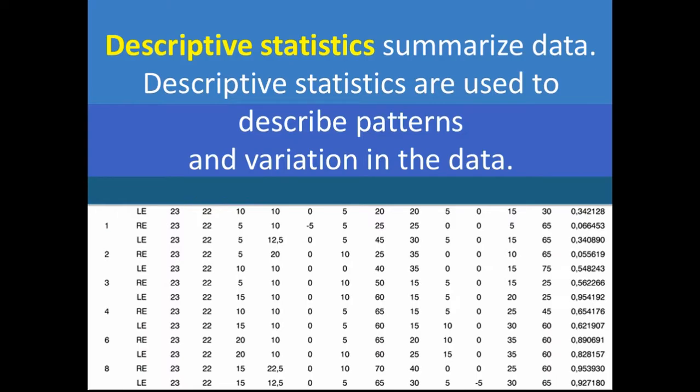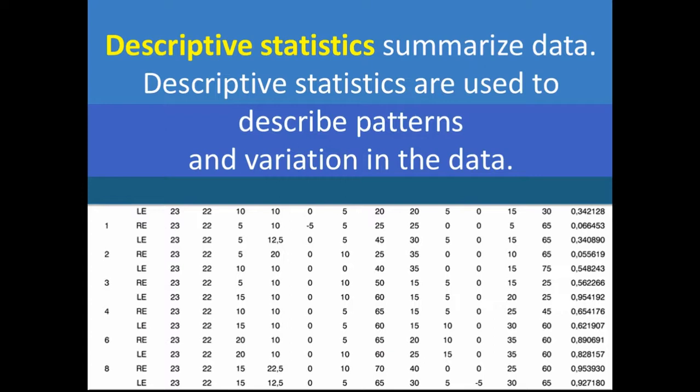Now, descriptive statistics summarize the data. Basically, they're used to describe patterns and variation in the data points. They allow us to talk about the numbers in very pattern-like ways, where we can actually see and pull information from just the general numbers themselves. What you see on the screen is just a data set.